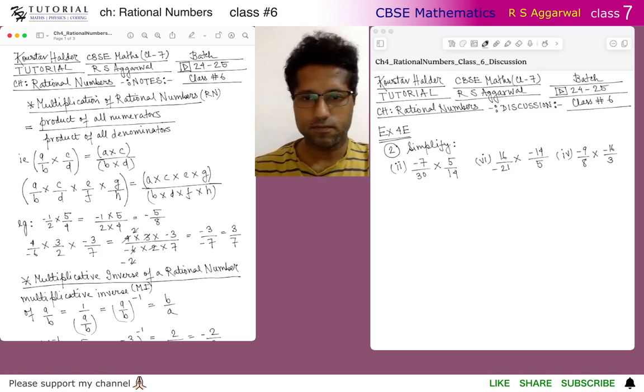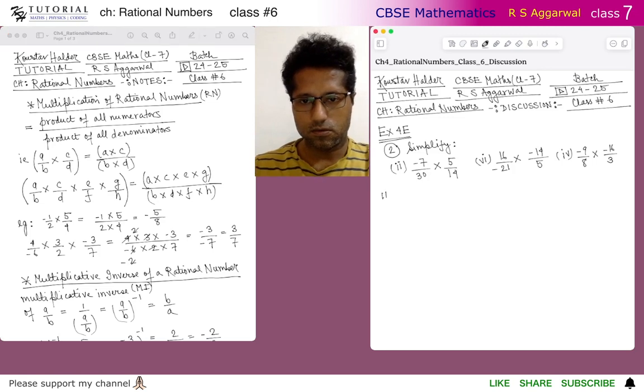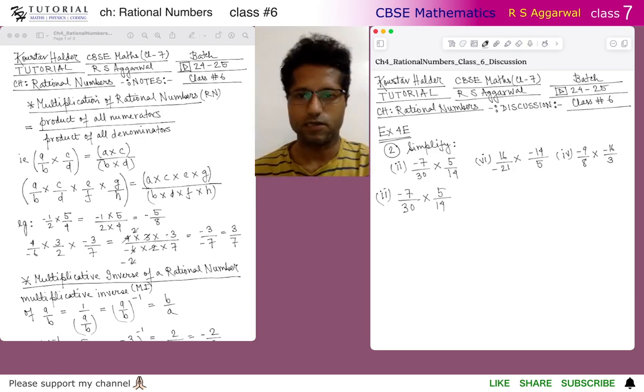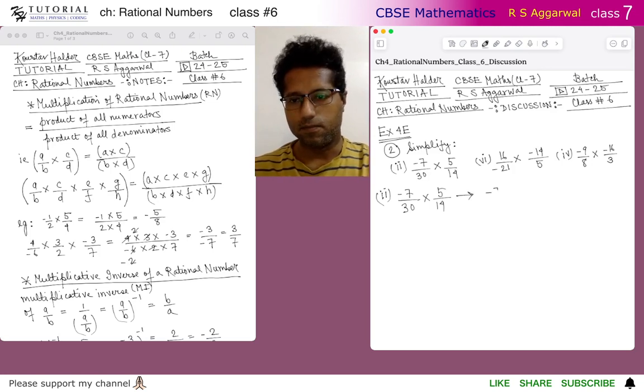I have 3 parts. So let's do part 2. This is -7 by 30 multiplied by 5 by 14. We can see it's a product of two rational numbers, and both have positive denominators. So we multiply the numerators and divide the product of the numerators by the product of the denominators.